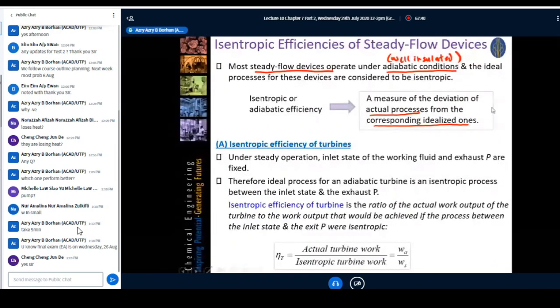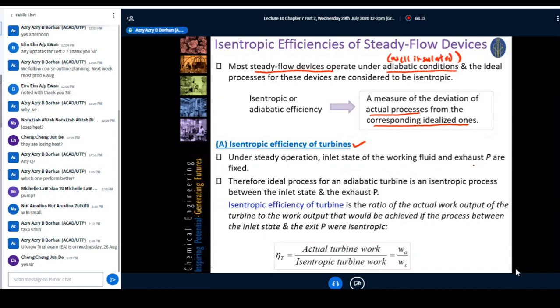Now, if we look at the first case, the isentropic efficiency of a turbine, we know that under steady operation, the inlet state of the working fluid, whether you have steam, refrigerant 134a, or even gas that enters your system, is normally fixed.